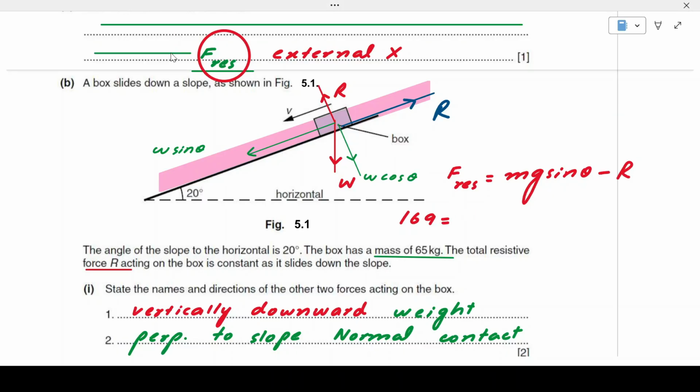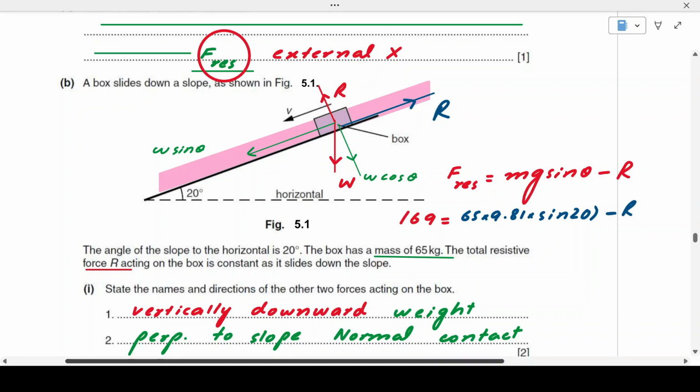Same thing, because W equals mg. 65 times 9.81 times sine 20 minus R. Then you can make R the subject. So R would be this whole thing minus 169, which in this case would be 49.